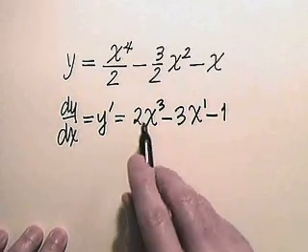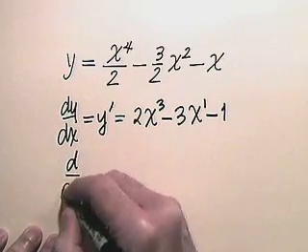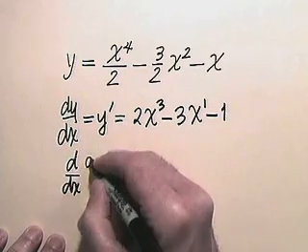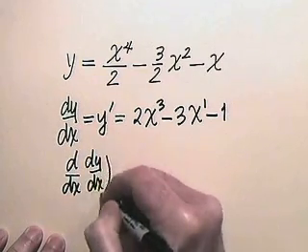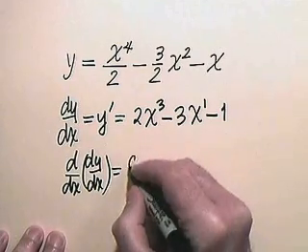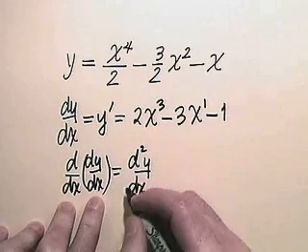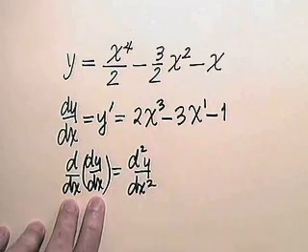How about the second derivative? The second derivative, which is d over dx of dy/dx, notice there are two d's here, so that would be d squared y, and two dx's, so that's dx squared.